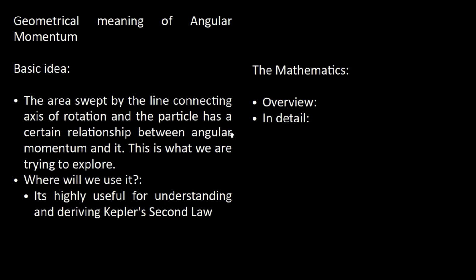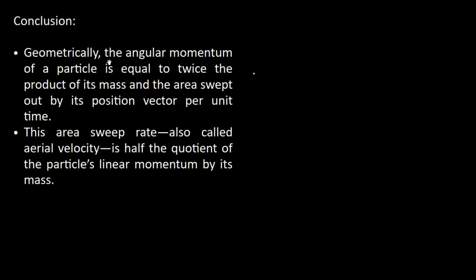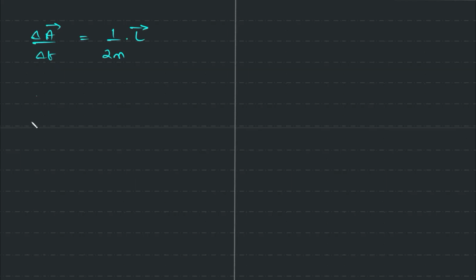So, let me go to the conclusion part. Geometrically, the angular momentum of a particle is equal to twice the product of its mass and the area swept out by its position vector per unit time. Right? If I rearrange this, I have L is equal to 2m times A by T. So this is area being covered per unit time, right?